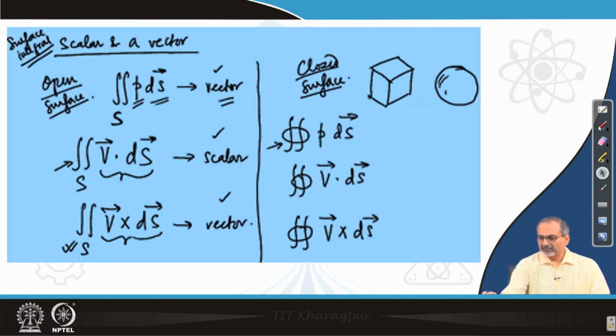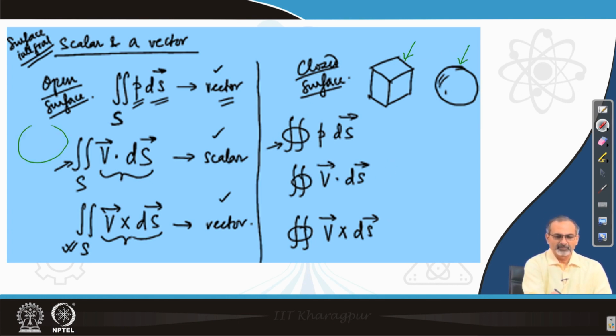Let us look at surface integrals. We can have surface integrals involving scalars as well as vectors. When it is an open surface, you cannot have shapes like a cuboid or a sphere, but it is rather a planar surface like the one you can draw on this slide, on the plane of the slide, and then you can try to integrate a scalar or a vector on that.